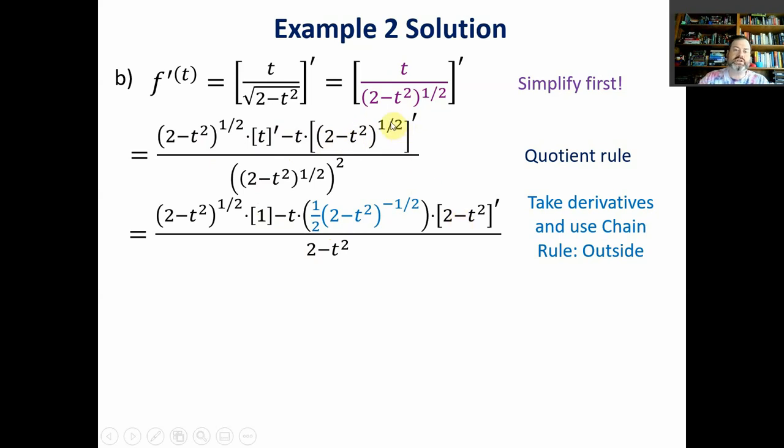So the outside function is this u to the 1/2, so we bring the 1/2 out, drop the power by 1. Inside function stays the same. Then we take the derivative of the inside, 2 minus t squared, derivative. And then I squared the denominator.